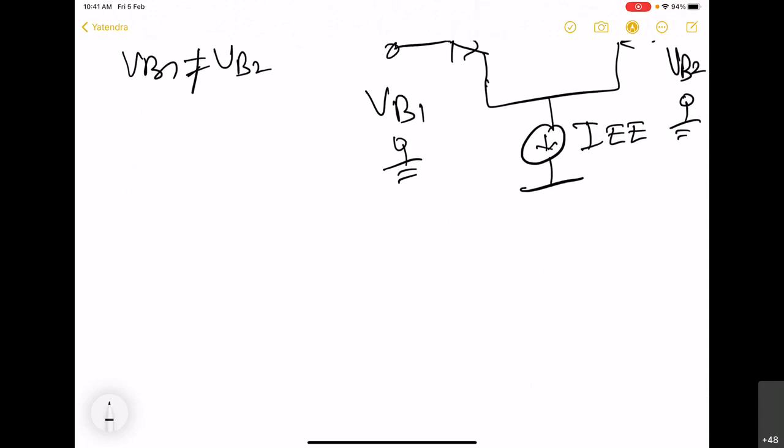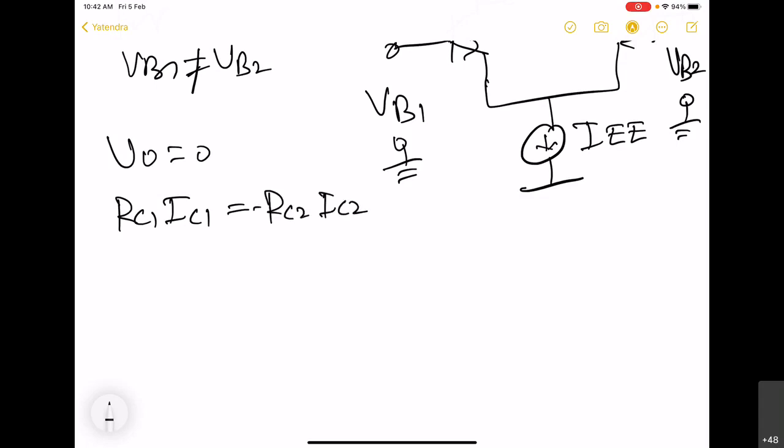So here when VO is equal to 0, we know that the equation that will be valid is RC1 IC1 equal to RC2 IC2.